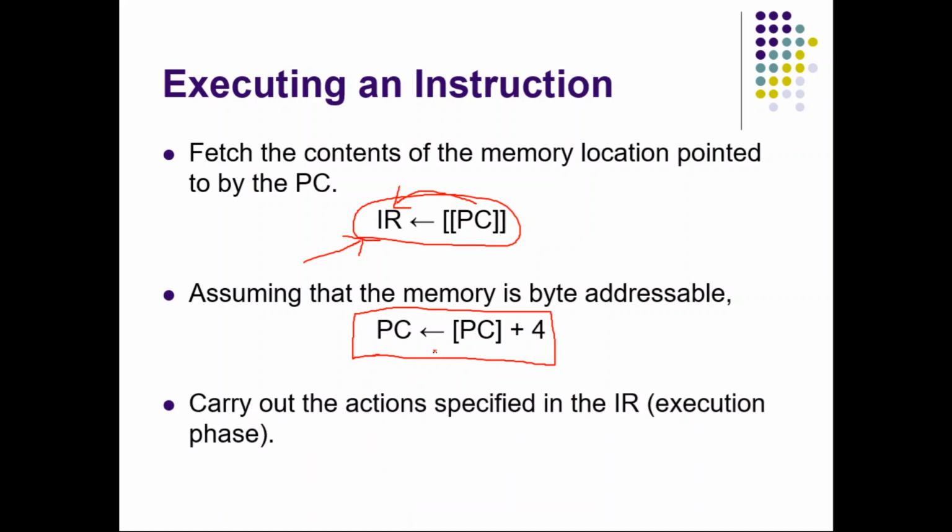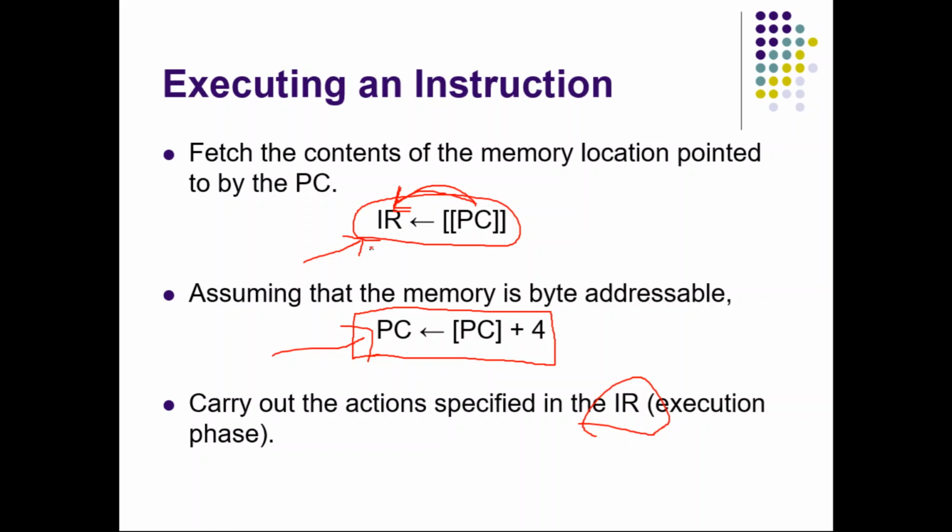So what does it say? This is the normal flow. Whatever the current instruction PC is pointing to is loaded into IR. Then immediately increment PC by 4, then execute the specified instruction given in IR.